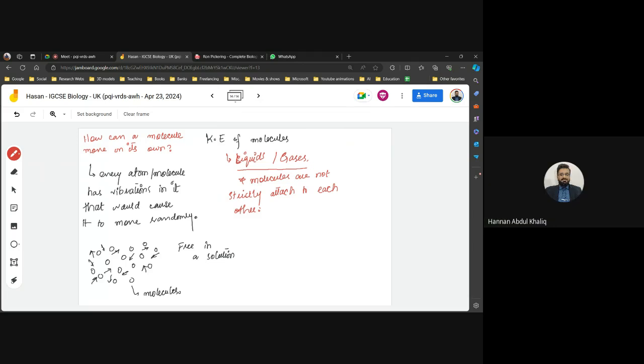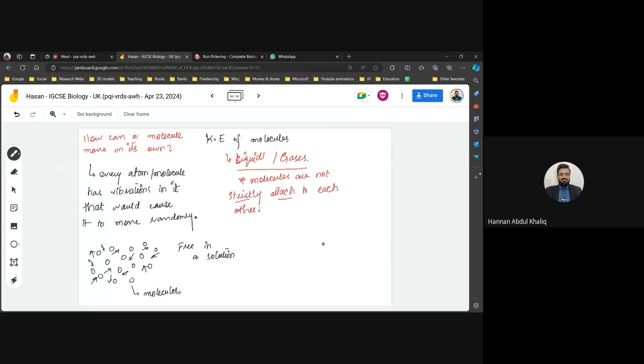That immediate movement all around is basically called the kinetic energy, or just the energy of gas, and the random move. So these kinds of substances have this behavior because they are not strictly attached to each other.